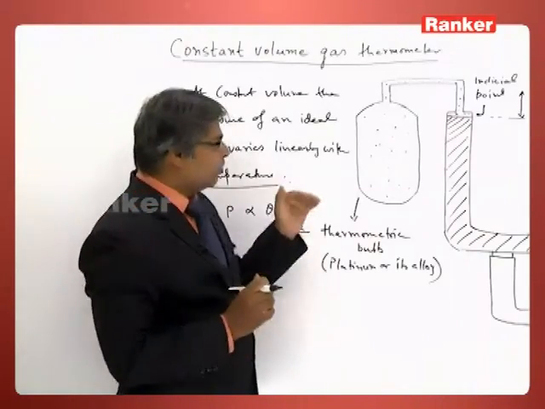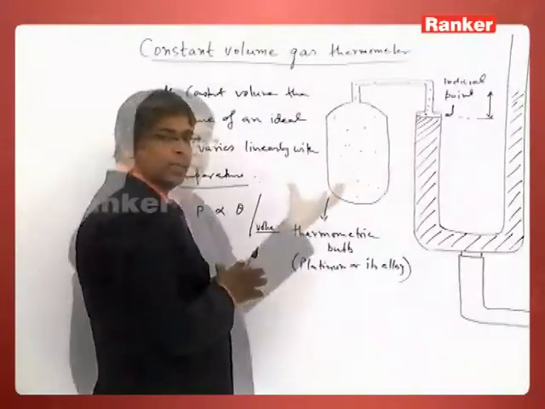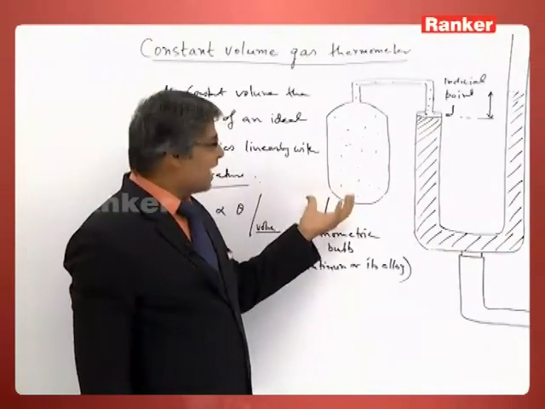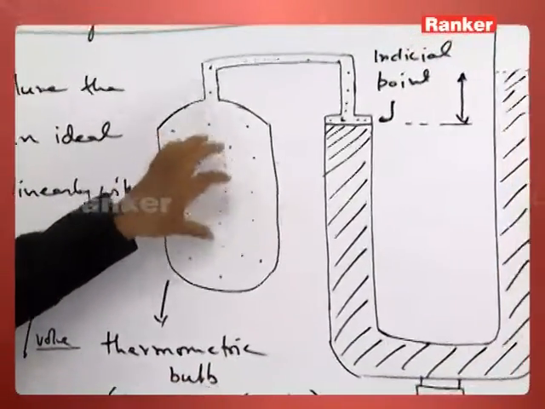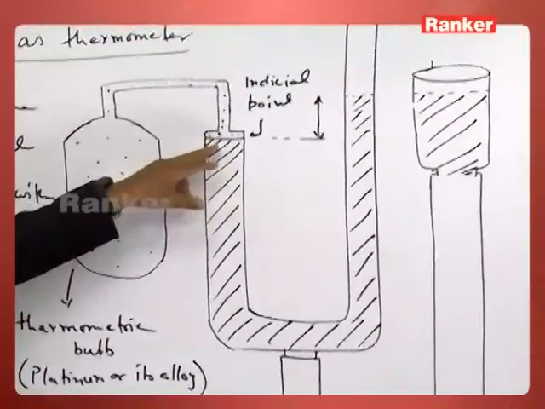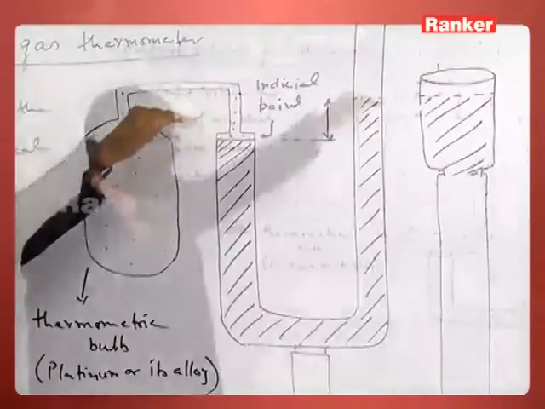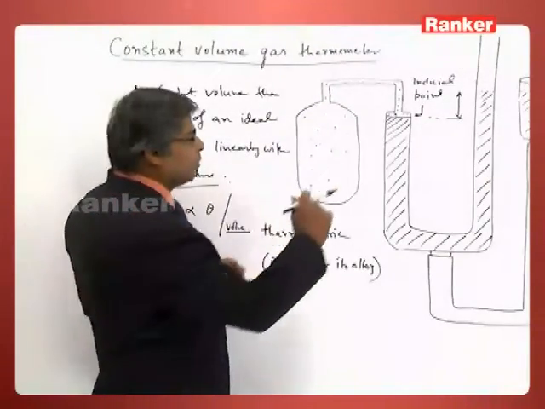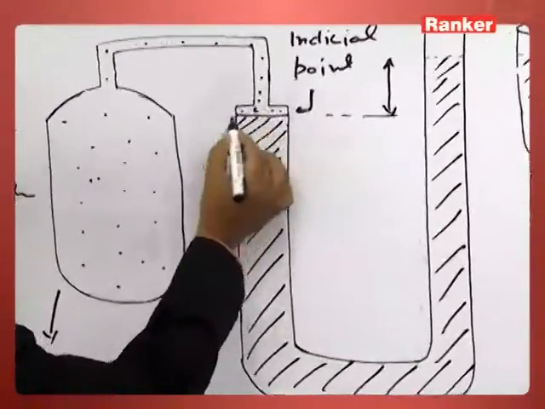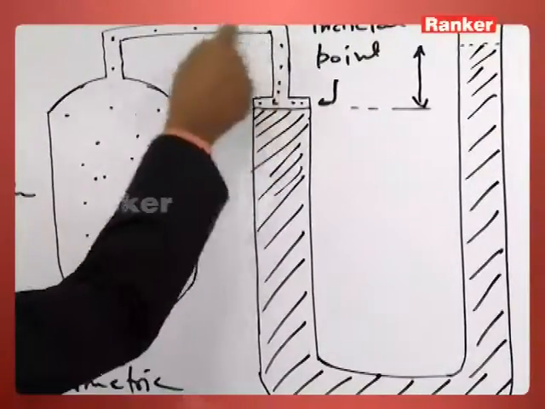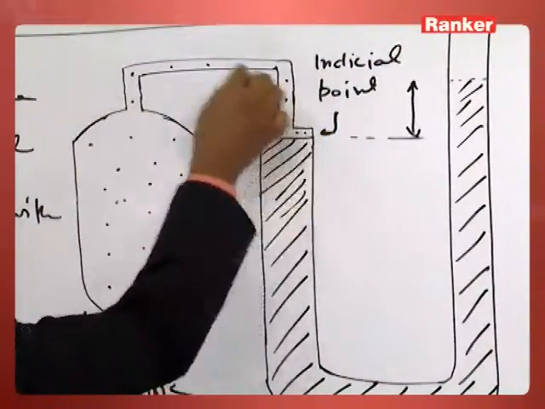So, when we put this thermometric bulb in a bath whose temperature has to be measured, then what happens? The volume of this gas changes, and so this layer of mercury may come down or sometimes may go up. So, what do we have to do? We have to always make this mercury level coincide with this initial point, so that the gas occupied in this bulb has only this volume.